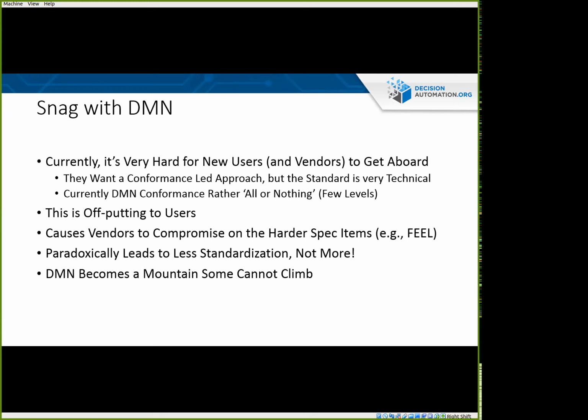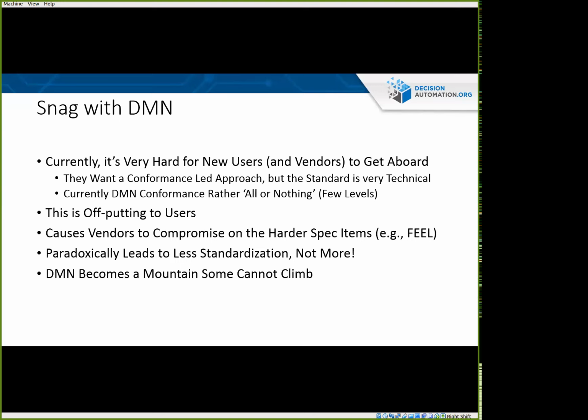Some of the harder items in the specification, for example FEEL, they don't tend to fully implement, or implement at all, either because it doesn't fit their current product, or because it's not a good match for the roadmap of their product, or because the product has some existing functionality which is already taking the place of the feature in question.